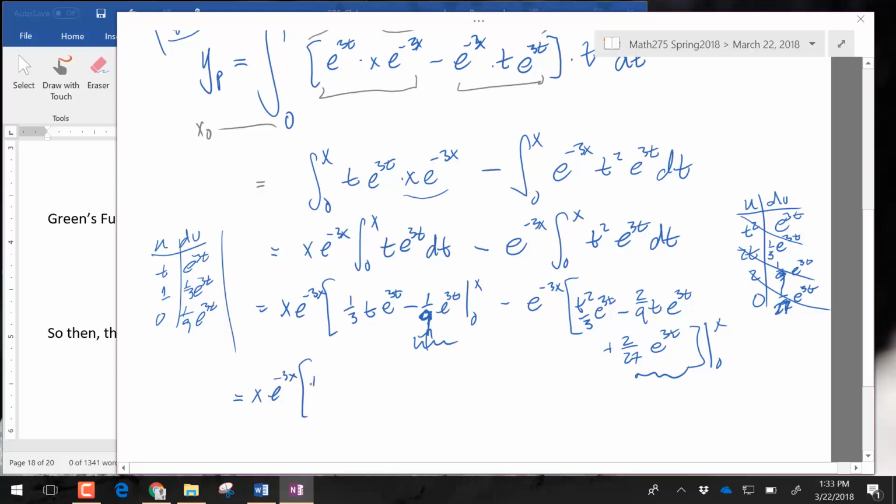Let's put x in there, so that's 1/3 x e to the 3x minus 1/9 e to the 3x, minus, and then you put 0 in. When you put 0 into this first term, the t is 0, so that whole thing goes to 0. But this one, you have 1/9 e to the 0, so this is just going to be a 1/9 negative.